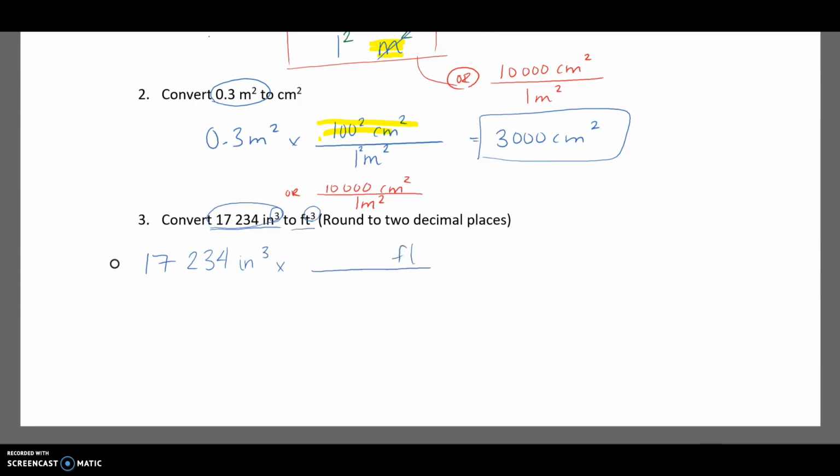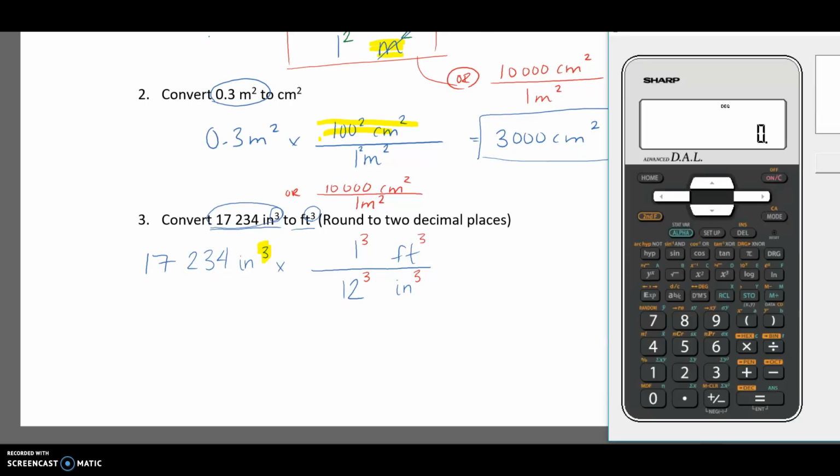We want to get to feet and get away from inches, and I know that 1 foot has 12 inches. Since in this case I'm dealing with cubic inches, I need to cube my units, which means I also need to cube the numbers.